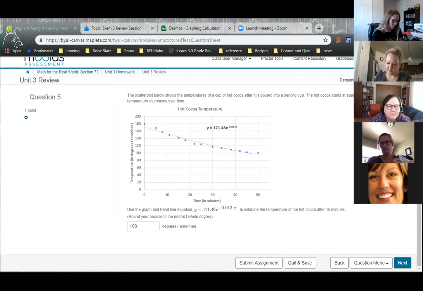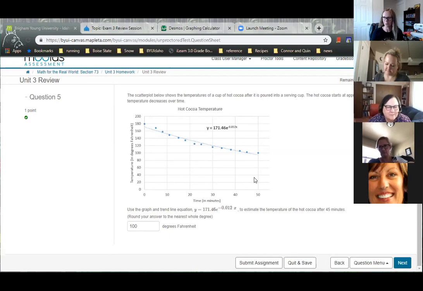That's the first thing we'll want to work out. I am going to use my phone calculator this time because it has E on it. If I do negative 0.012 times 45, I'm getting negative 0.54. So it's going to be E to the negative 0.54 power, and that's my next step.